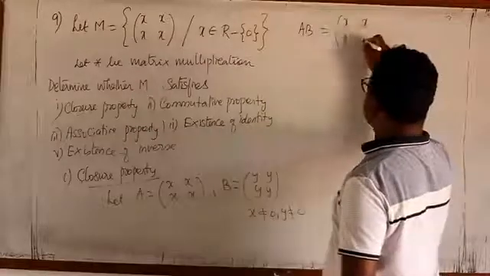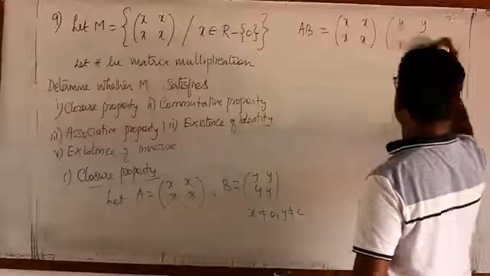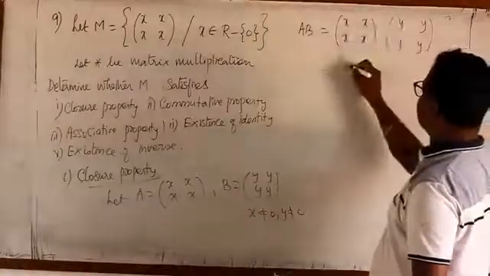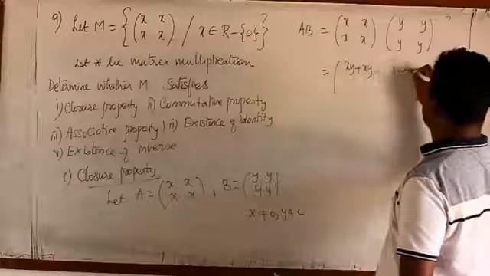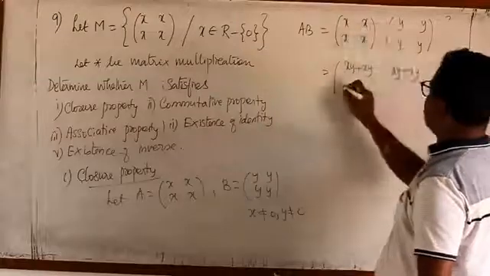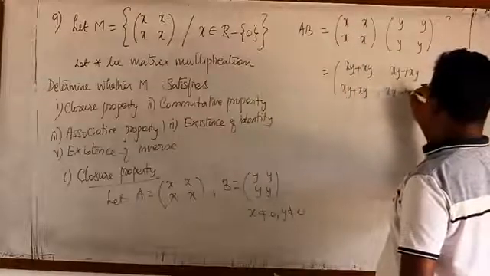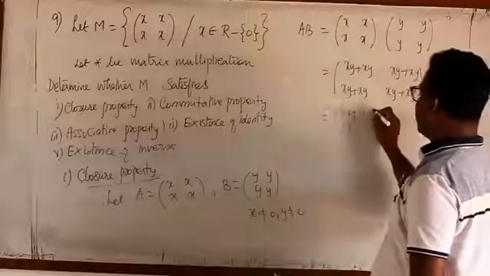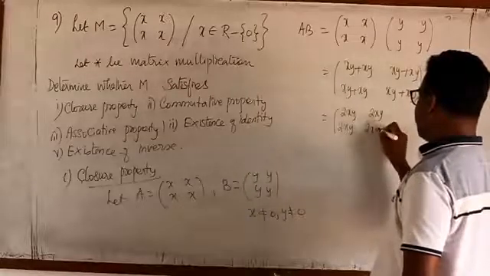When you multiply, it is xy plus xy, row into column. Similarly, xy plus xy, xy plus xy, then xy plus xy. It is 2xy, 2xy, 2xy, 2xy.